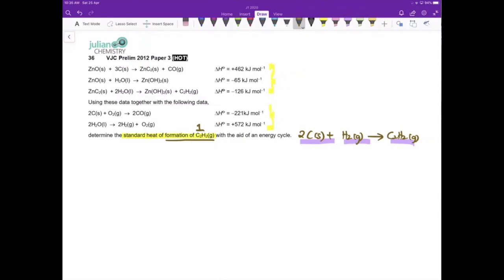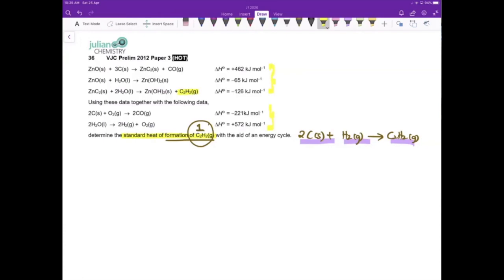The equation is too short to represent as the overall horizontal equation. Never start with a short equation, okay? You will end up with bigger trouble later on. So always find something that is longer, and it basically involves what you need to find also. So for example, I need to find something with C2H2, which is a longer equation. So out of all the equations, this is the best. Can you see you have a C2H2 there, and it's 1 unit, just nice for what you need to find.